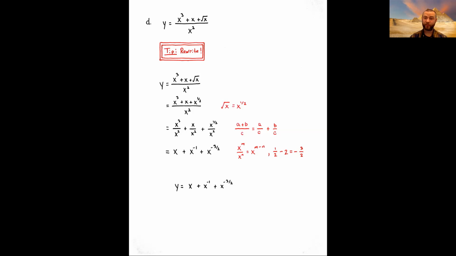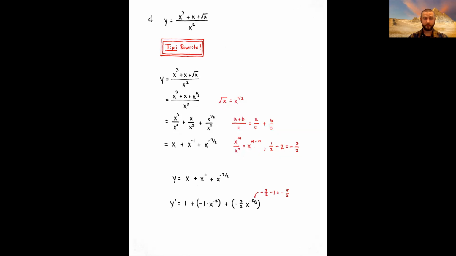Right, so there's the rewritten function, just to have the work a little more clean, above and below the derivative. Here, we're just going to apply the sum rule and the power rule. x is going to differentiate to 1. We differentiate x raised to the -1, bring the exponent down. That gives you the factor of -1.